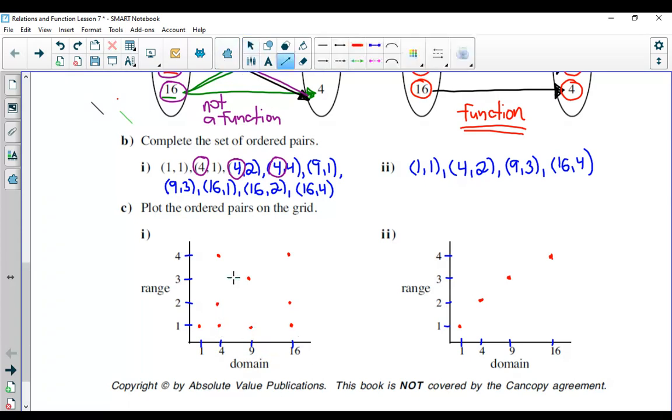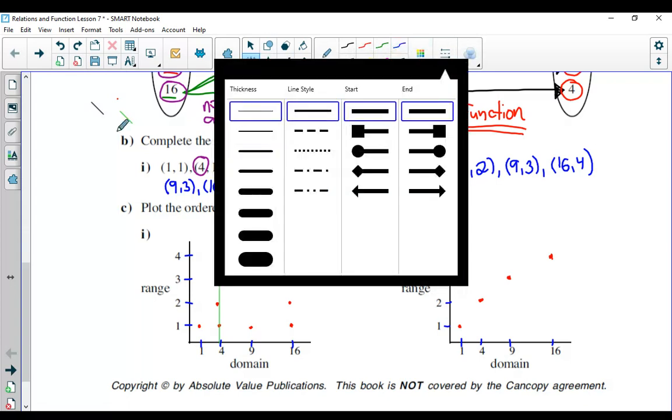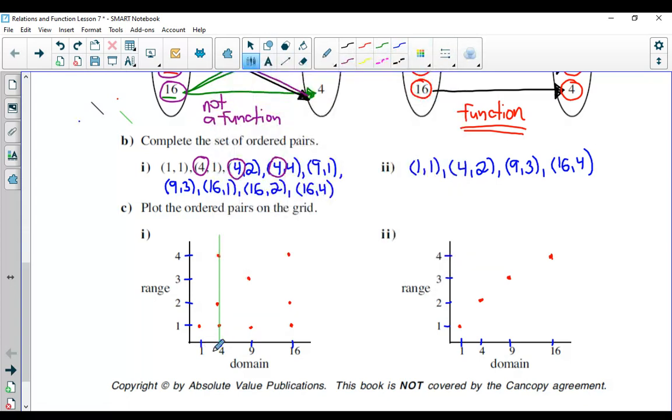Where did my line go? Yeah, so here's the issue. If you draw a vertical line at x equals 4, it actually passes through multiple points. So that's a problem. And this is the reason why it's not a function, because the key thing is if you have a function, if you have a distinct x value, so my distinct x value here being x equals 4, you're only allowed to have one y value attached to it.